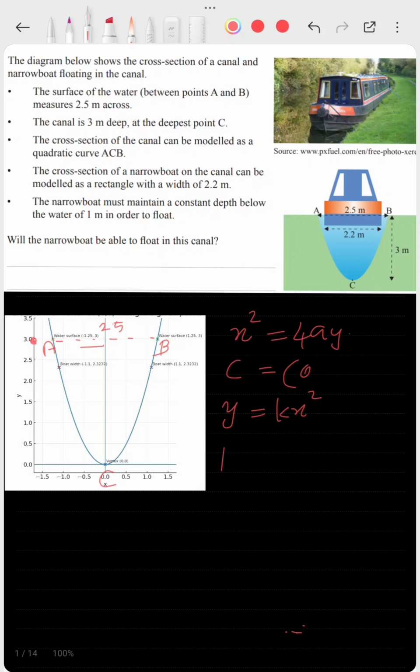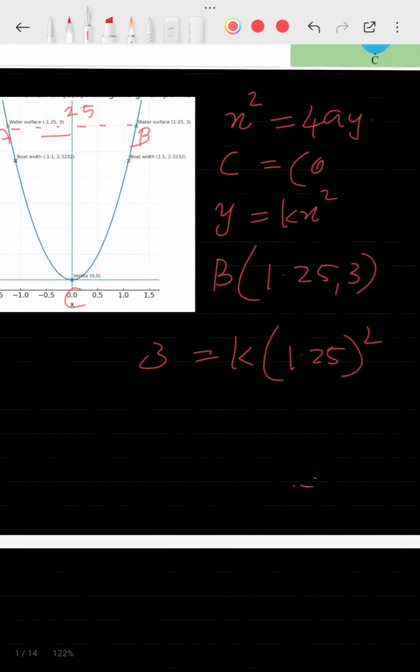If I am using the point B, 1.25, 3 on the parabola, I got 3 equal k times 1.25 the whole square.